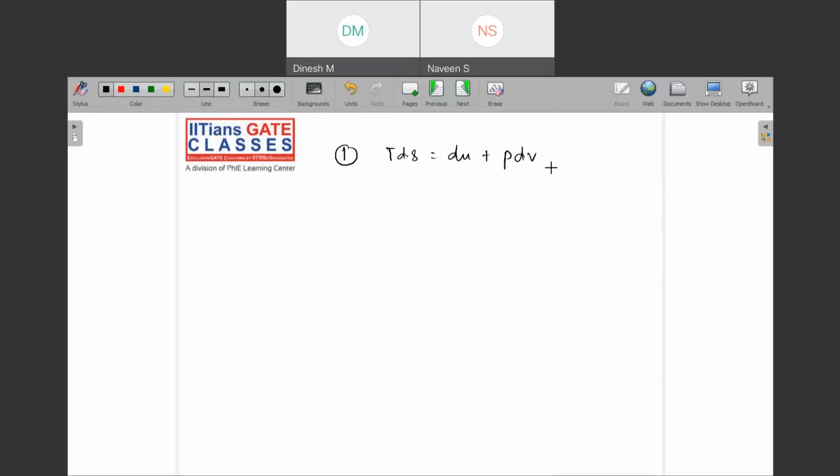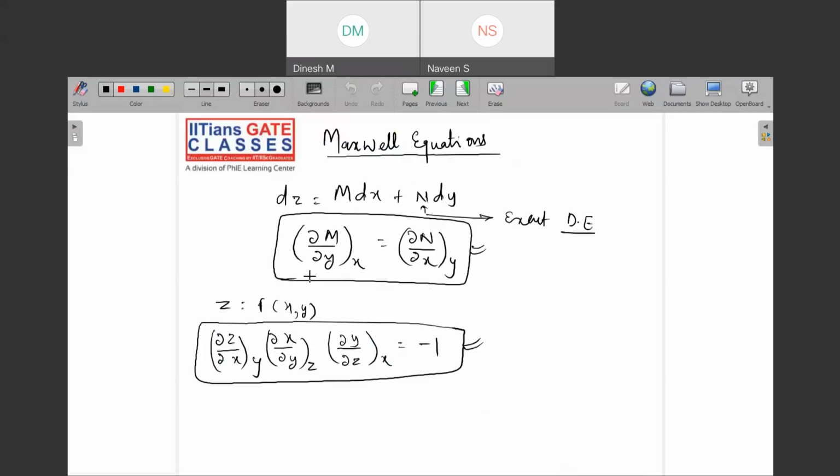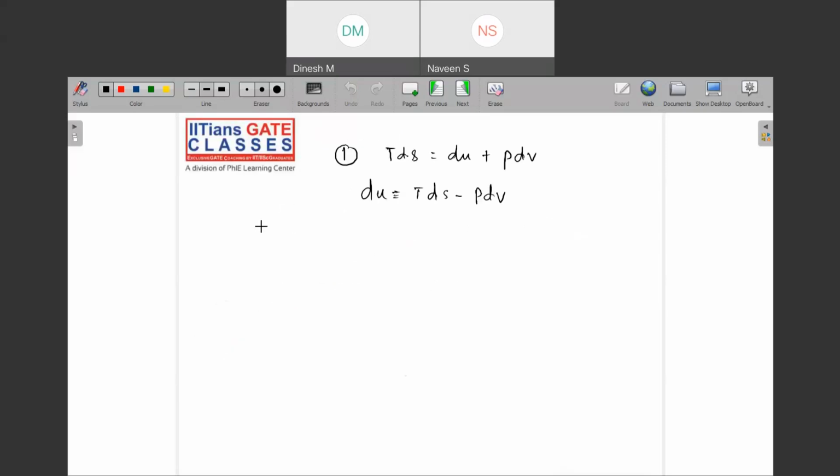So if this is an exact equation, then I would write dU is equal to TdS minus pdV, right? Then using the relation we discussed earlier, this is now an exact equation, so that relation will be followed.